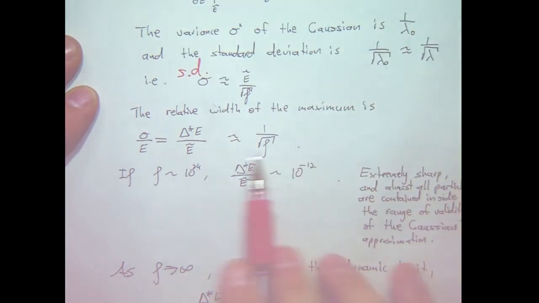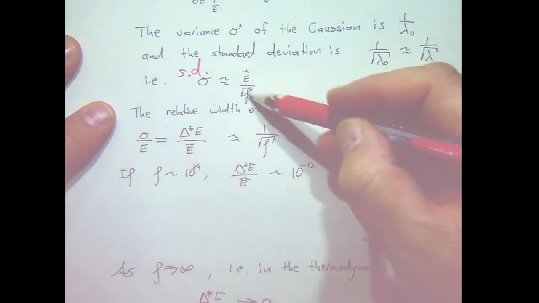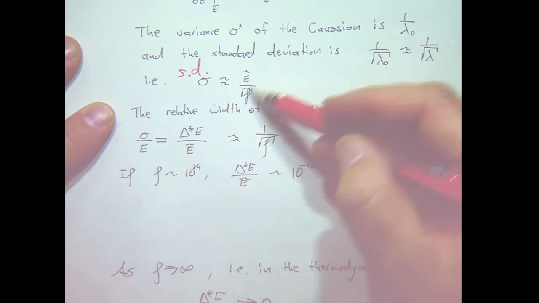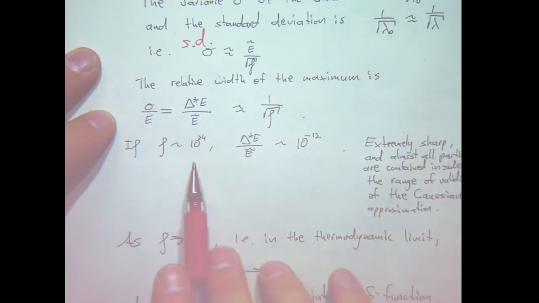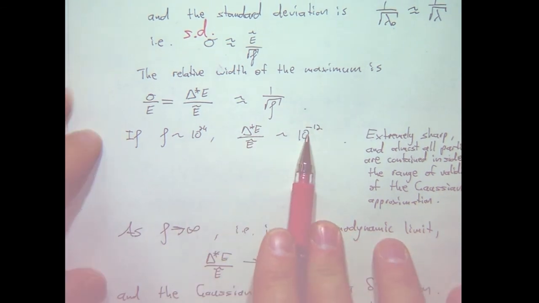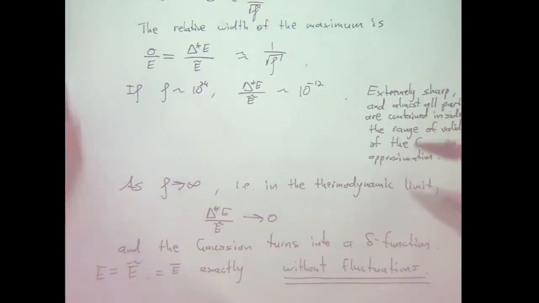So that's saying that if the number of degrees of freedom is extremely large, like 10 to the 23, then that standard deviation is tiny. For F is 10 to the 24, the relative width is 10 to the minus 12. This is an extremely sharp maximum.